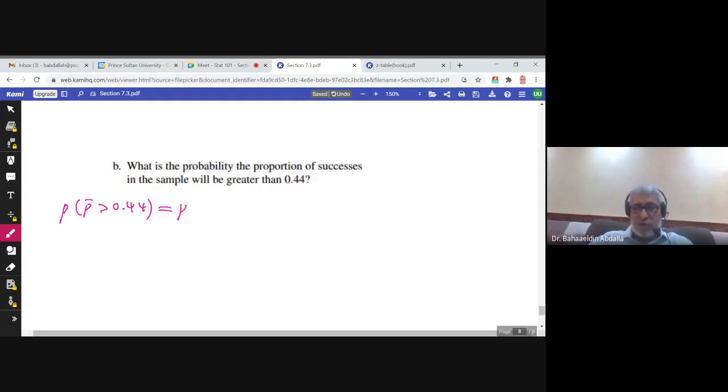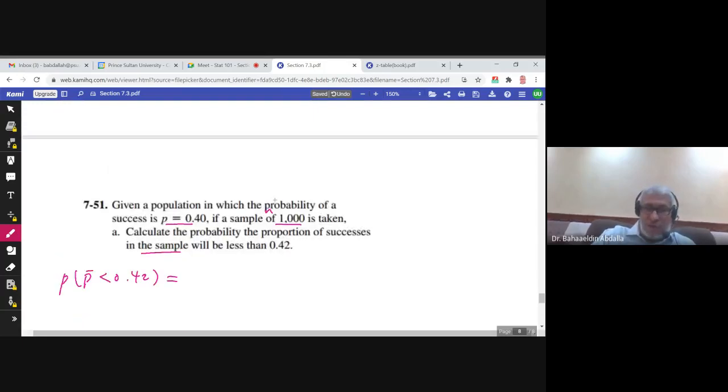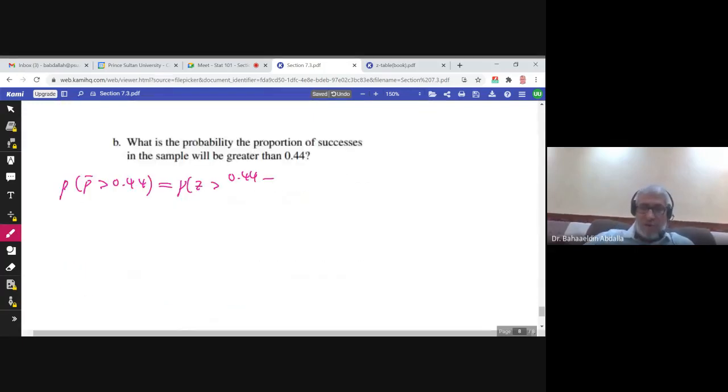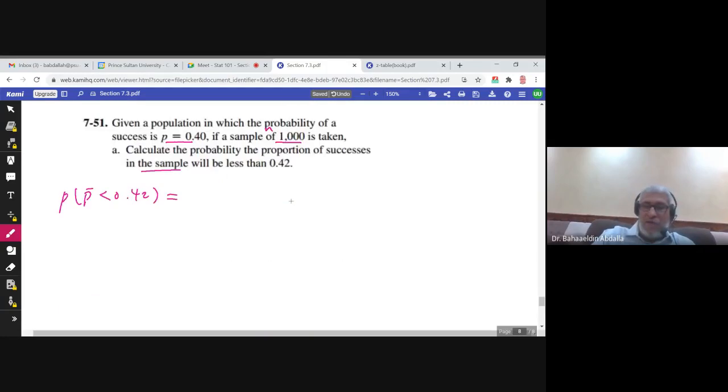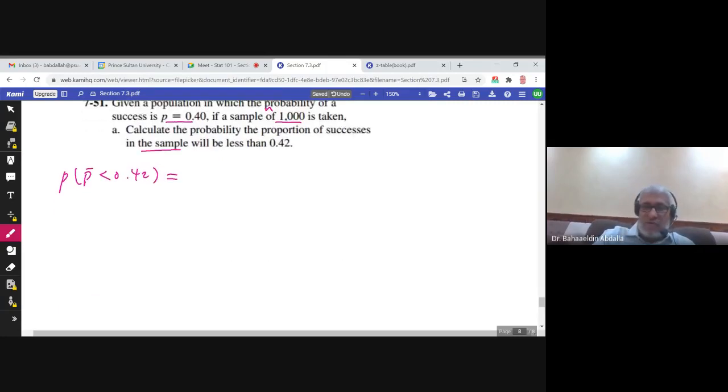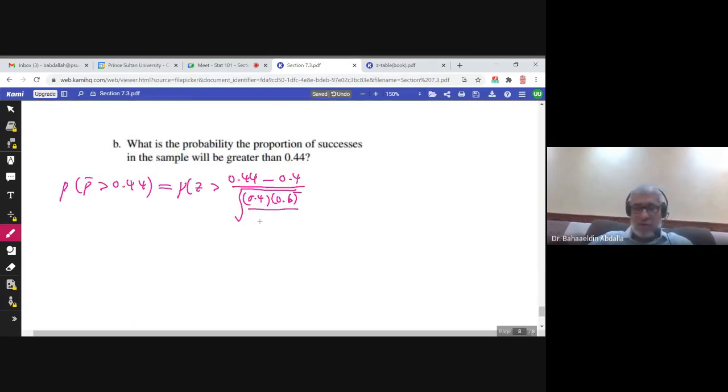We change it to Z. So we write Z greater than 0.44 minus P. What is P in the question? It is 0.4. So minus 0.4 over sigma P bar, which is the square root of 0.4 times 1 minus 0.4, which is 0.6, over N. N is 1,000, a sample of 1,000.